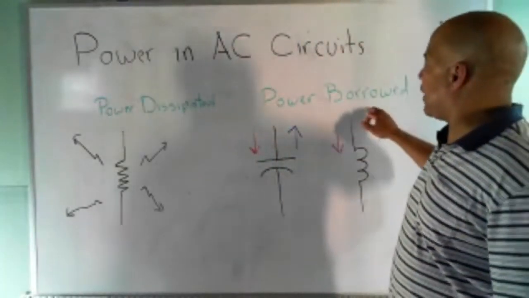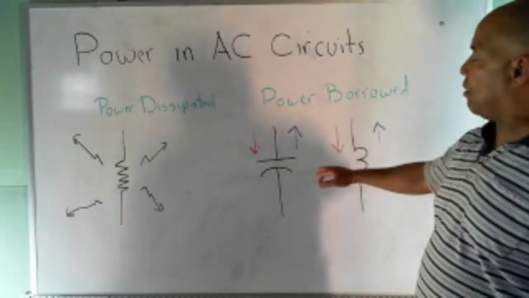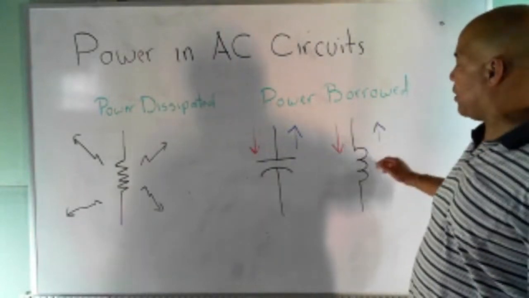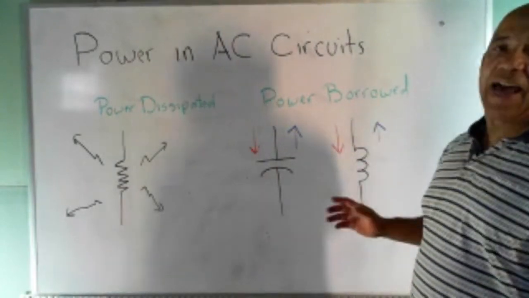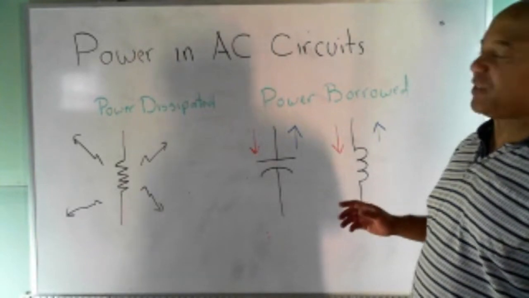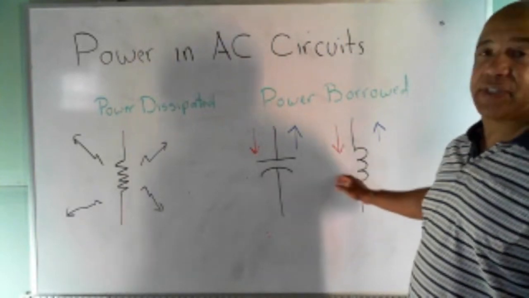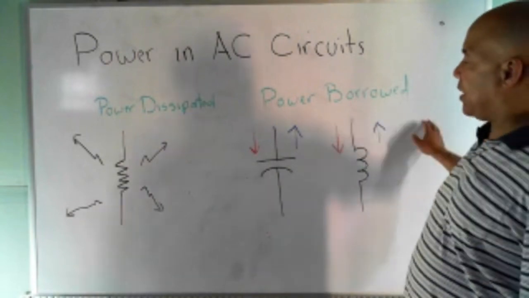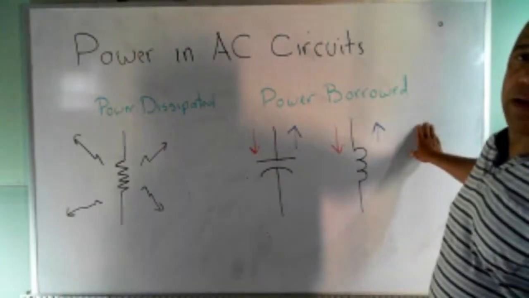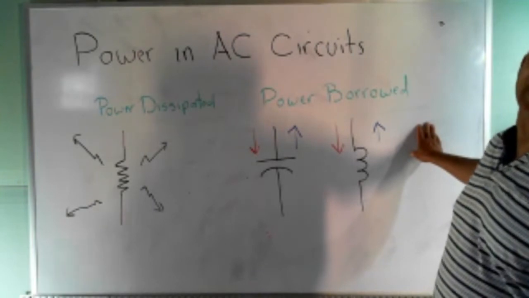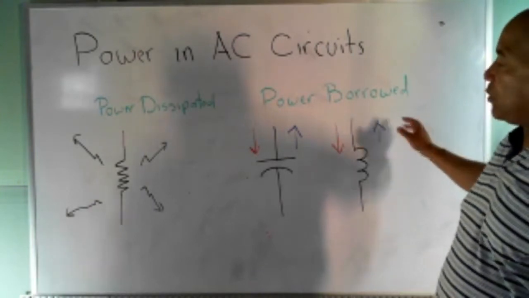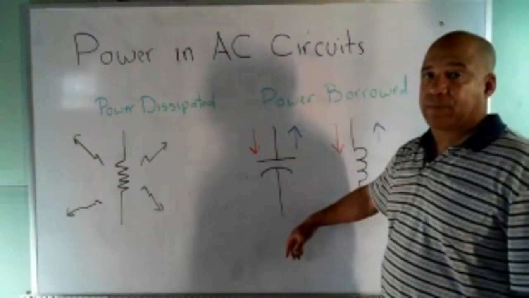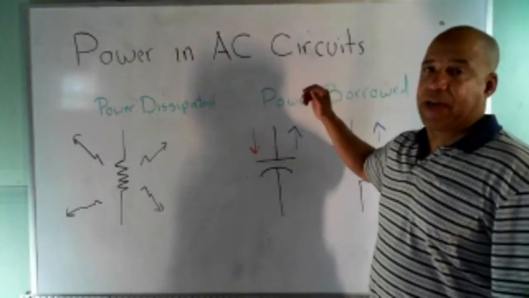On the other end, where I have reactive elements, either capacitive reactance or inductive reactance, if I have ideal, perfect devices, that means no resistance, only reactance, then both of these components can only borrow power. They cannot dissipate power. They cannot take the energy and convert it to heat. Energy flows into the capacitor, and energy flows back out of the capacitor.